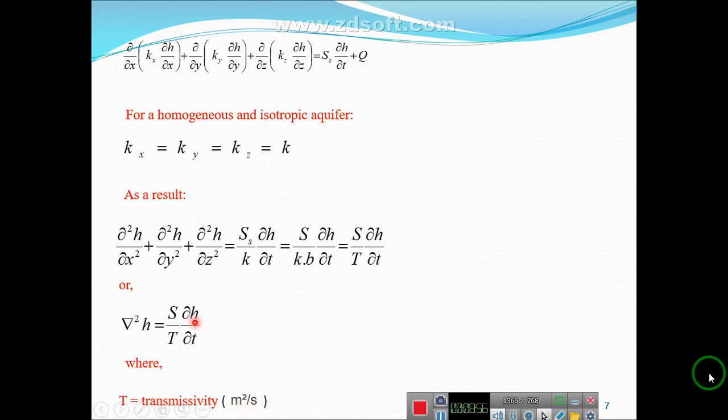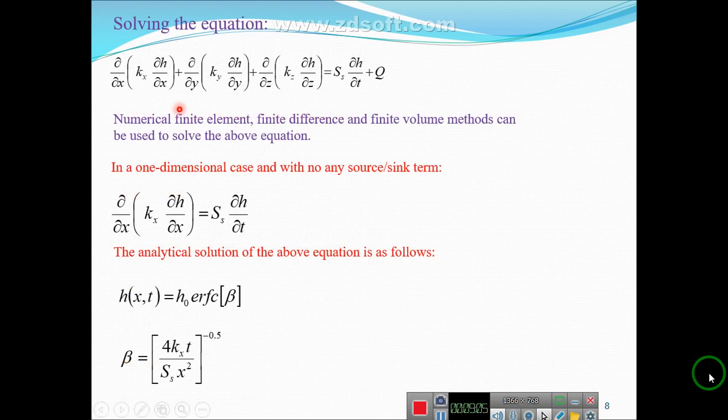H is hydraulic head, and t denotes the time. The governing equation of groundwater flow in a confined aquifer under transient state can be solved using numerical methods such as finite element, finite difference, and finite volume methods.